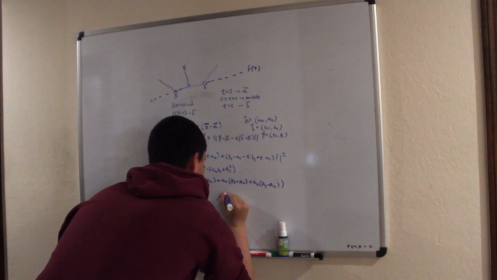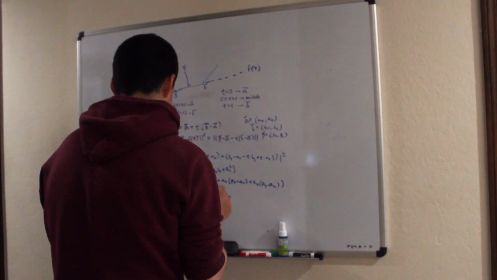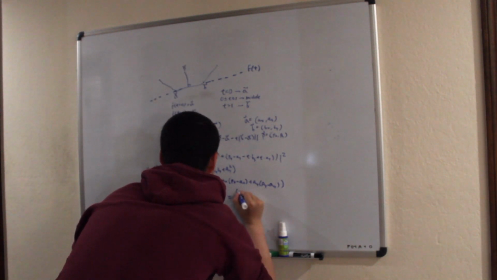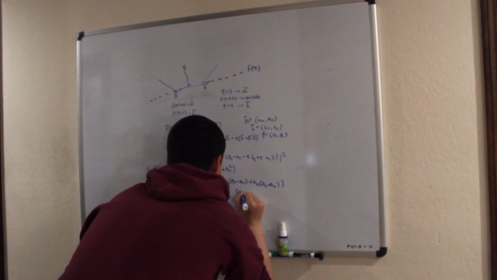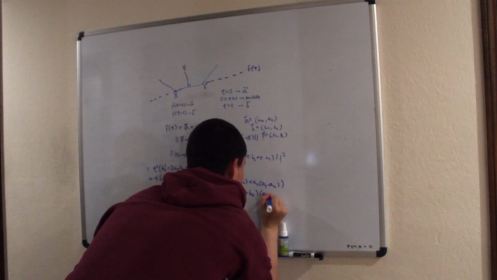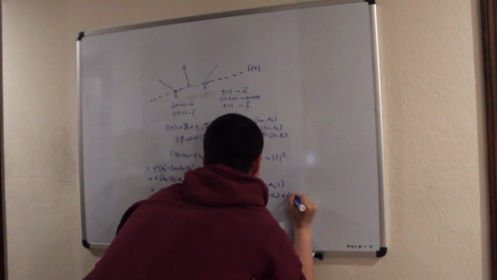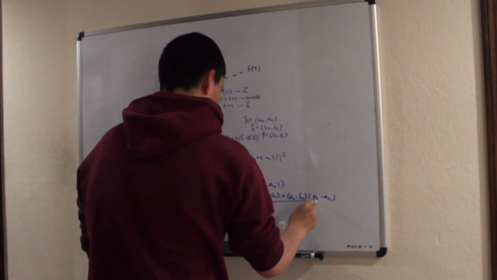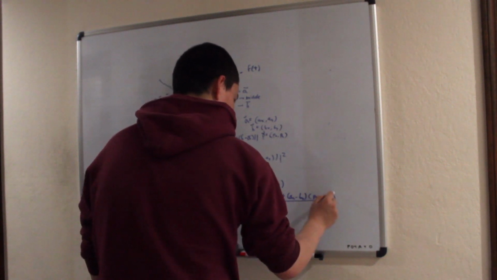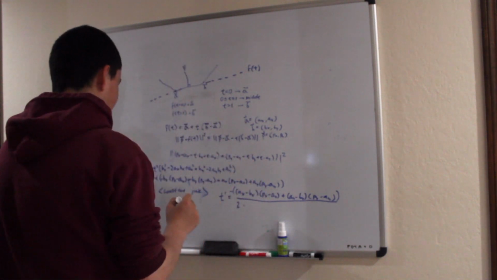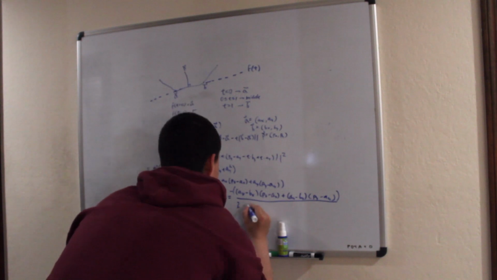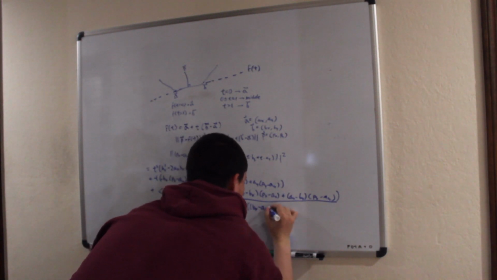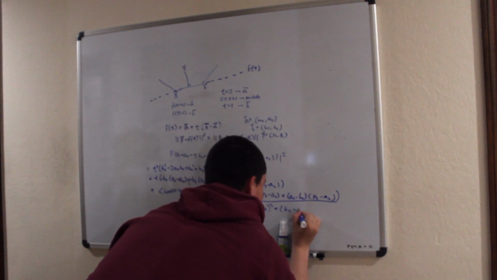So the minimum t occurs at this expression here, which can be simplified as: (ax minus bx) times (px minus ax) plus (ay minus by) times (py minus ay), all over, negative sign on this whole expression, 2 times the a, which is this, and this is (bx minus ax) squared plus (by minus ay) squared.